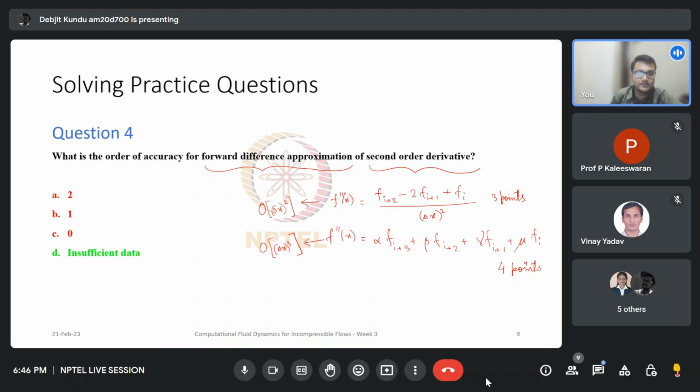Am I making my point clear that since the number of points we are using is not mentioned for a given calculation, the order of accuracy cannot be determined? So the question does not have sufficient data in order to solve this. Am I making sense?